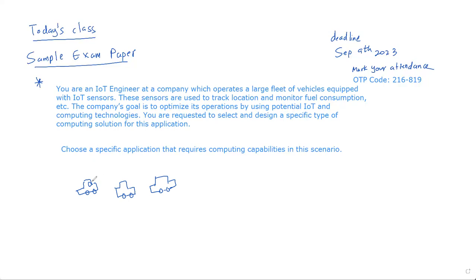The embedded system in the vehicle will have a collection of sensors connected to it, and those sensors will give different data.